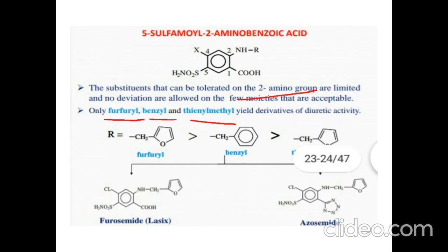Depending upon this, there are two examples of the furfuryl substitution, which is present in furosemide and azosemide. As we have told, at the first position an acidic group is a must, but it can be replaced by a tetrazole ring. So in azosemide this acidic group at the first position is replaced with the tetrazole ring.